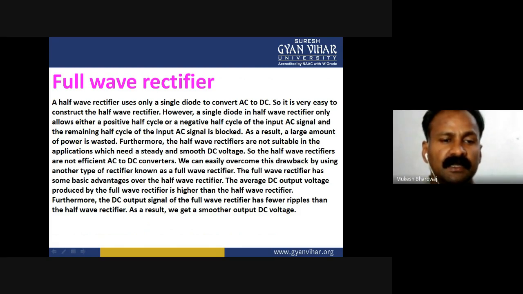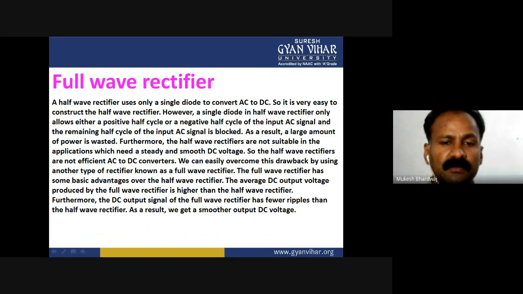As a result, a large amount of power is wasted. Furthermore, half wave rectifiers are not suitable in applications which need a steady and smooth DC voltage. So half wave rectifiers are not efficient AC to DC converters.